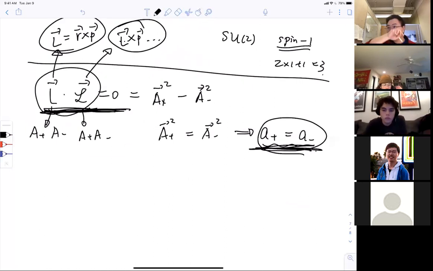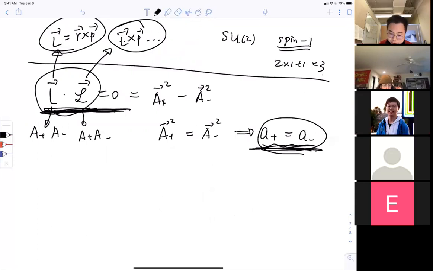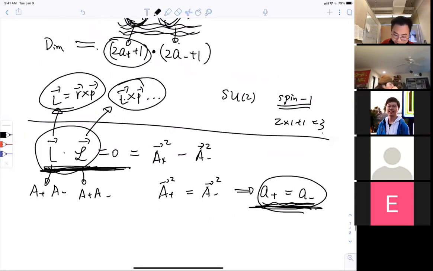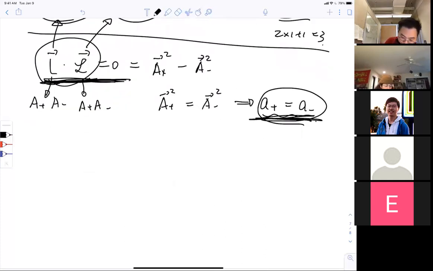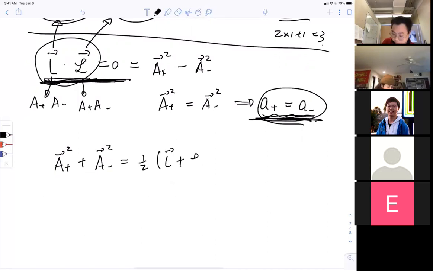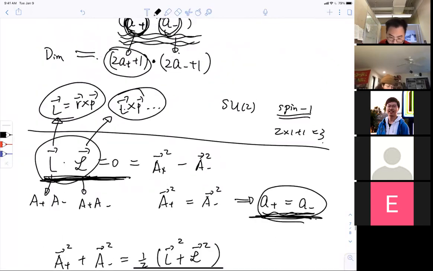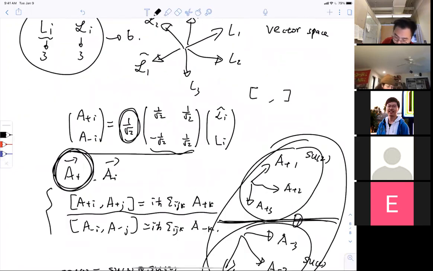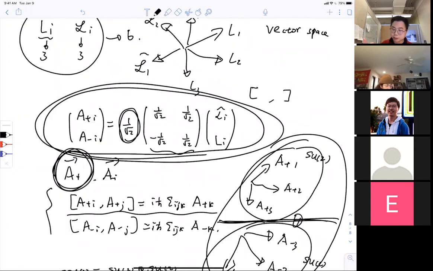And then, okay, we somehow want to connect with the Hamiltonian, right? To connect with the Hamiltonian, we need to use this equation. This is also obviously true. Remember what I said here. It's just a rotation of the basis, right?